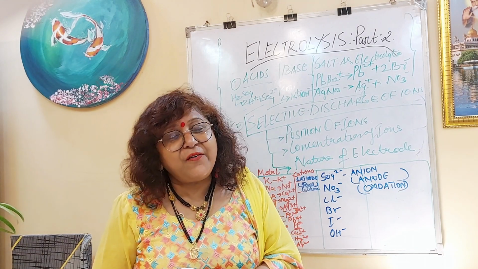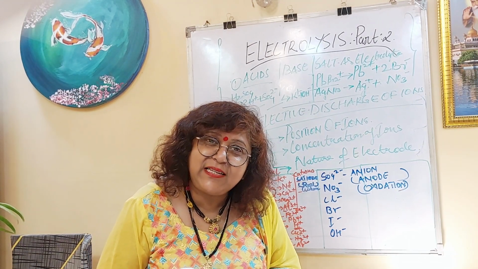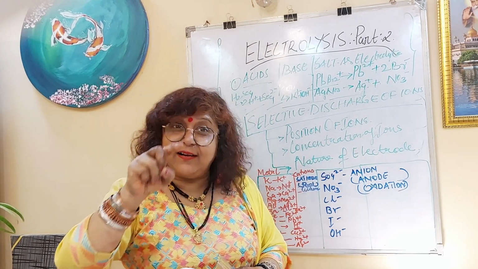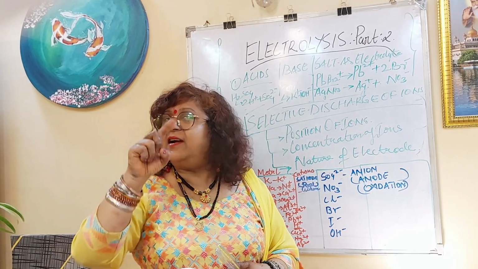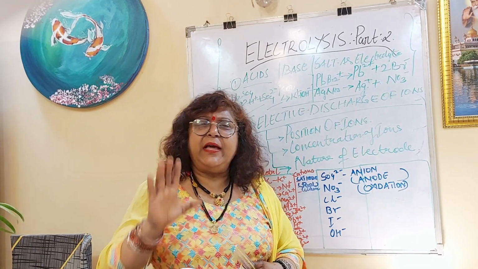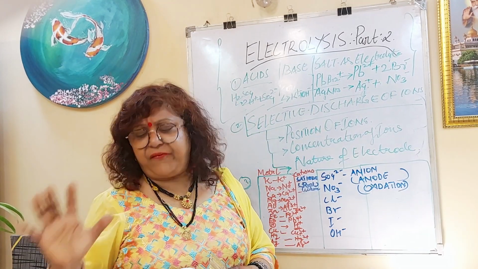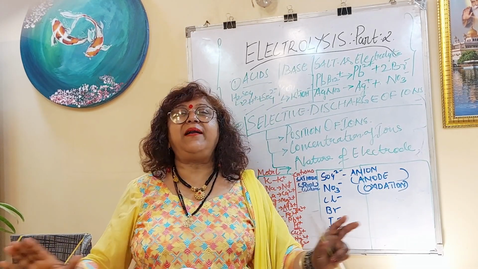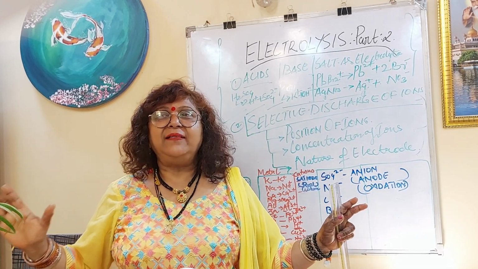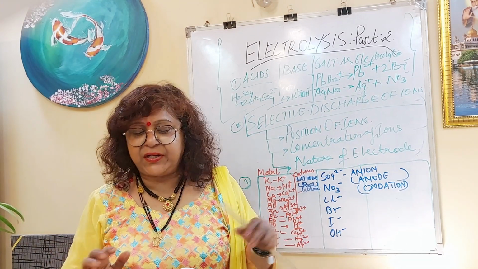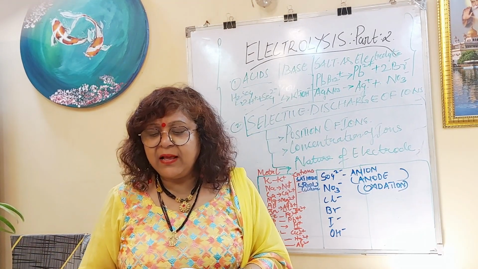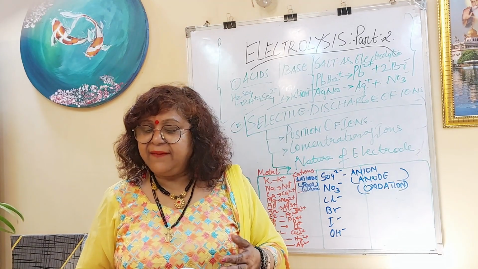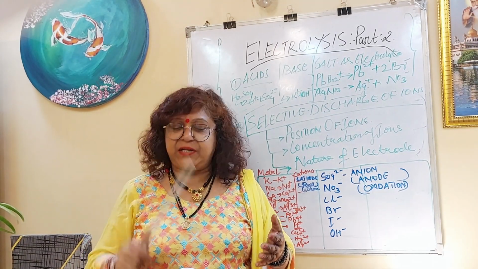Now the third factor on which selective discharge of ions depends is the nature of the electrode. Underline the words inert and active. Inert electrode and active electrode. Inert electrodes are like iron, graphite, platinum. Inert means they don't take part in the electrolytic reaction. An active electrode is one like copper, silver, nickel, and they take part in the electrolytic reaction.